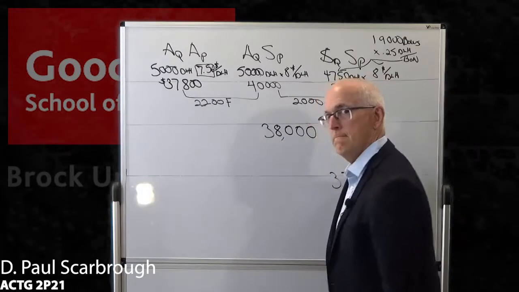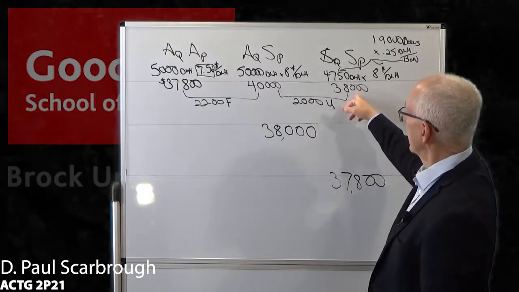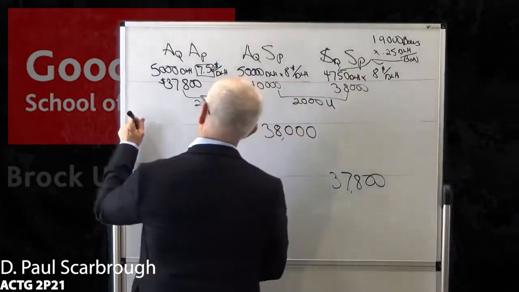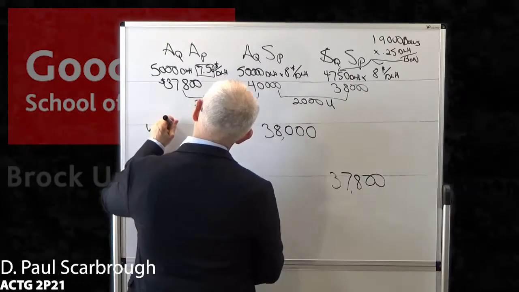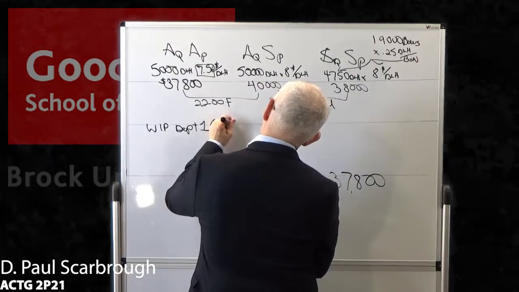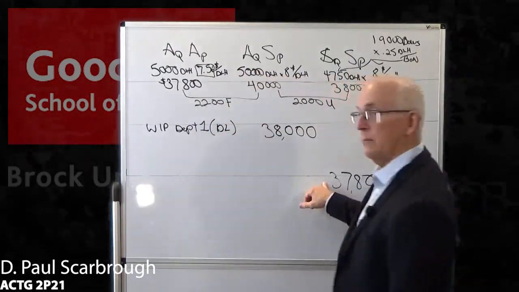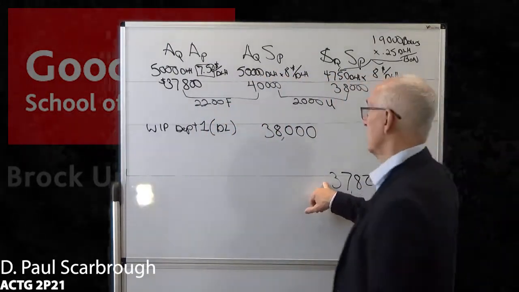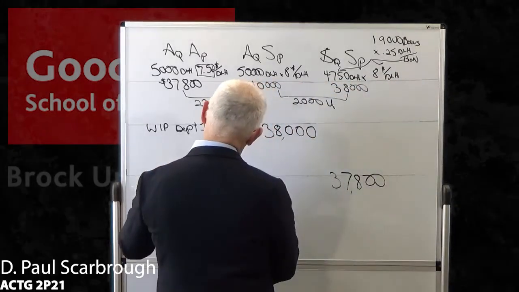This is direct labor. This is Department 1, WIP. Where does direct labor come from in our system? From the account called gross wages. So gross wages.